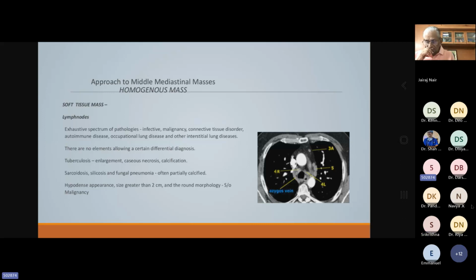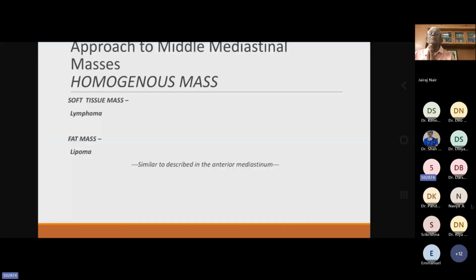Sarcoidosis, silicosis, and fungal pneumonia often are partially calcified. Hypodense appearance, size greater than 2 cm, and round morphology are suggestive of malignancy. In the middle mediastinum, homogeneous masses constitute lymphoma and lipoma, which is similar to the anterior mediastinum.